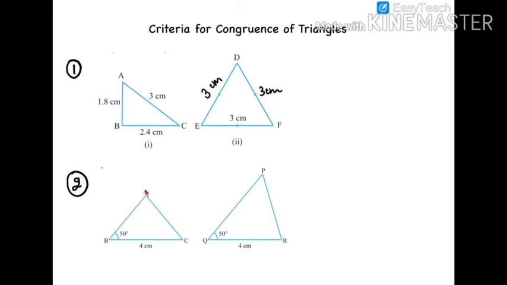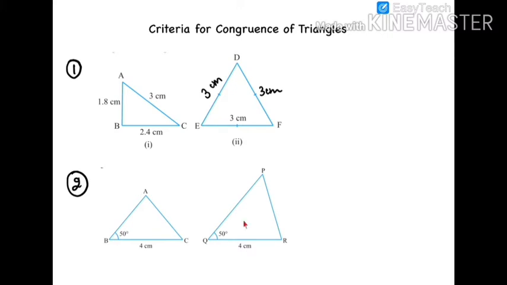Look at the second set of triangles. Triangle ABC has BC equal to 4 centimeters and angle B is 50. In triangle PQR, QR is given as 4 centimeters and angle Q is 50. So only one pair of corresponding angles is given equal and one pair of corresponding sides is given equal in these two triangles. Is this information enough to say that these two triangles are congruent?